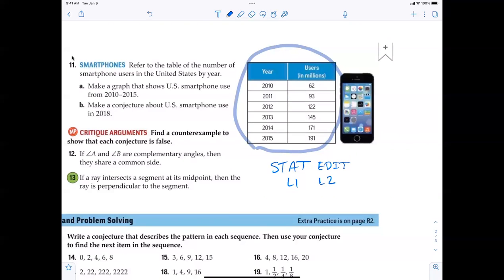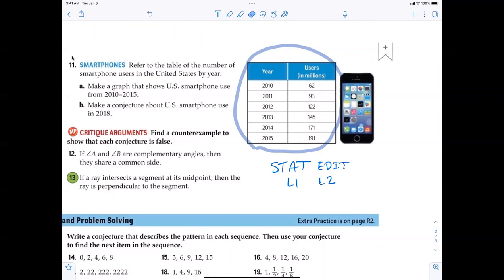Then under L2, you're typing in 62, 93, 122, 145, and so on. Is everybody agreeing with that? Everybody's got it? Anybody have any issues? Nobody?